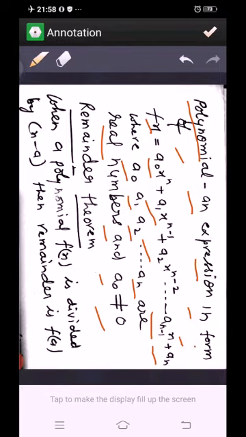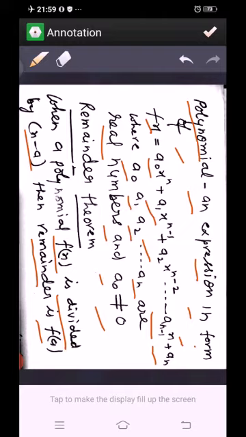Remainder theorem. When a polynomial f(x), any polynomial given, is divided by x minus a, then the remainder is f(a).